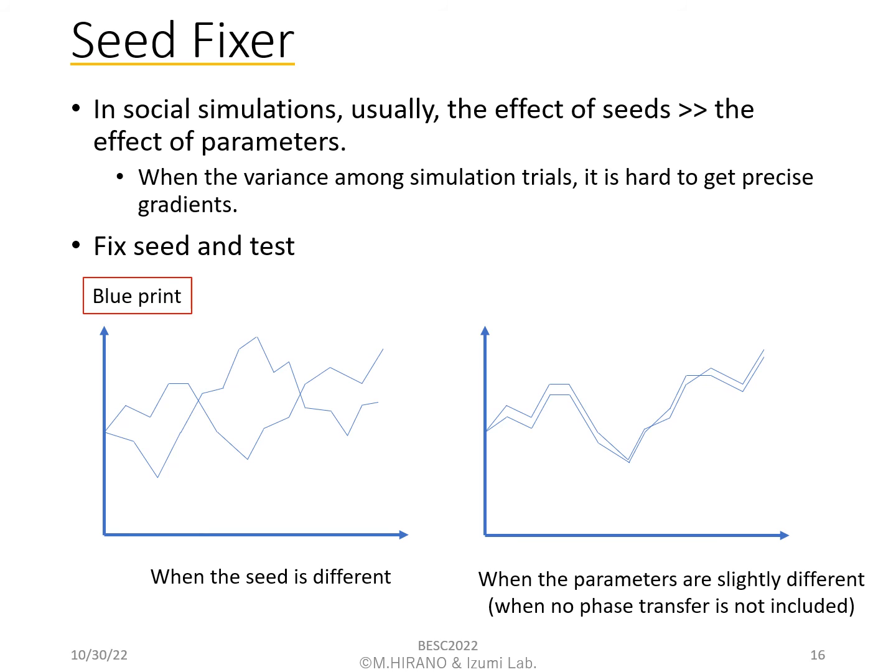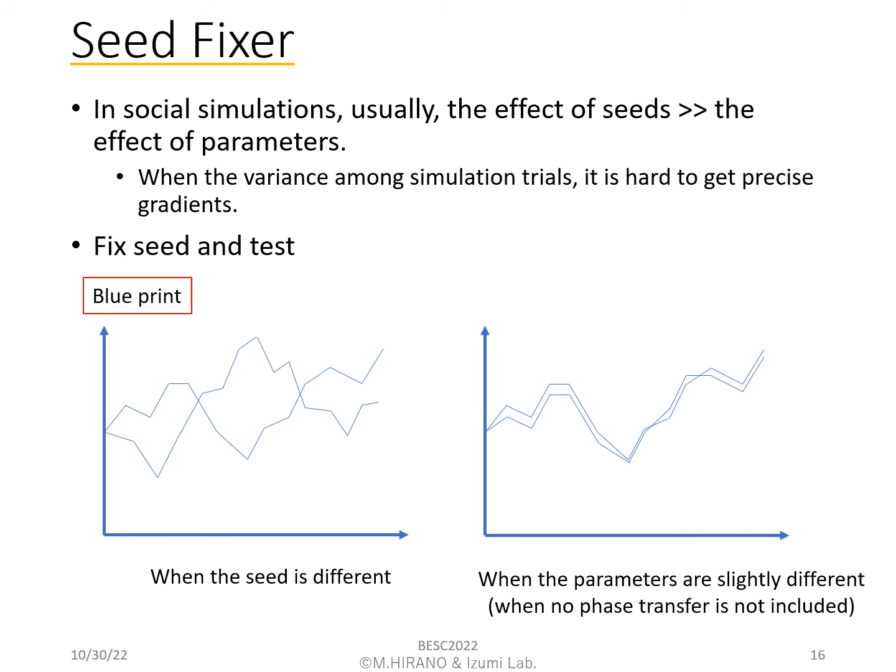However, this causes differences between trials, even if the parameter is the same. So in social simulation, usually the effect of random seeds is larger than the effect of parameters. So our proposition is to fix this seed.